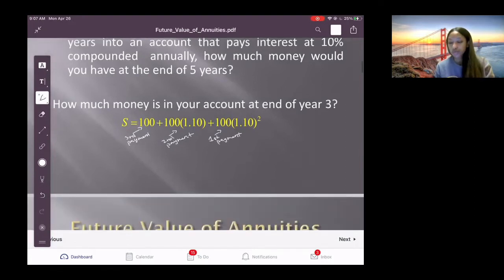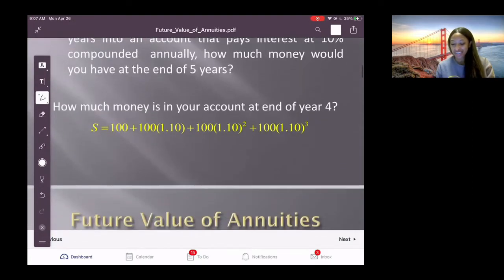All right, 2 more years and then we're done. For the 4th year, this is the money put in at the end of the 4th year. The money that was put in at the end of the 3rd year has now earned interest for 1 year. The money that was put in at the end of the 2nd year has now been in the account for 2 years.